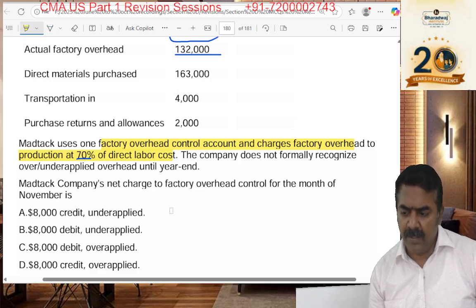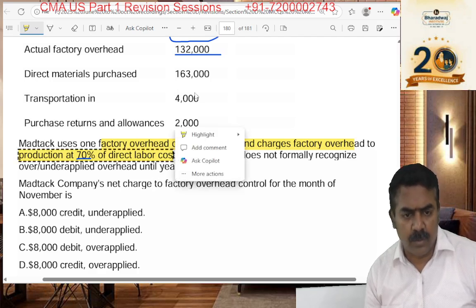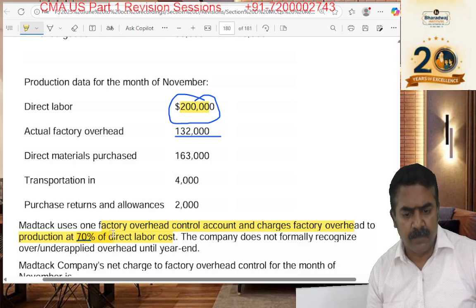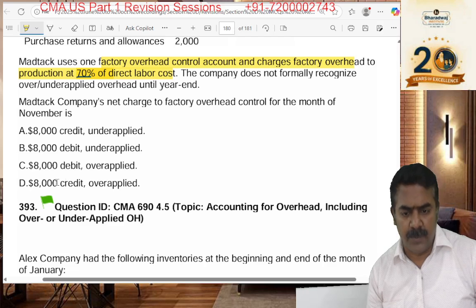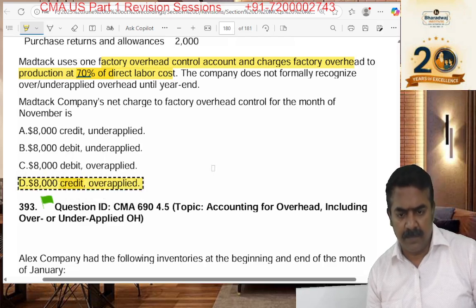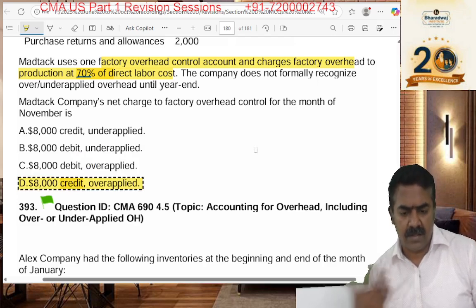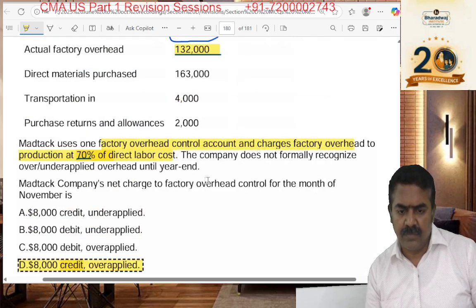Under applied or over applied? Once again, 2 lakhs into 70%. How much do you get? 1,40,000. 1,40,000 is applied. Actual is only 1,32,000. So which means over applied. It will have a credit balance. Which account? Factory overheads.